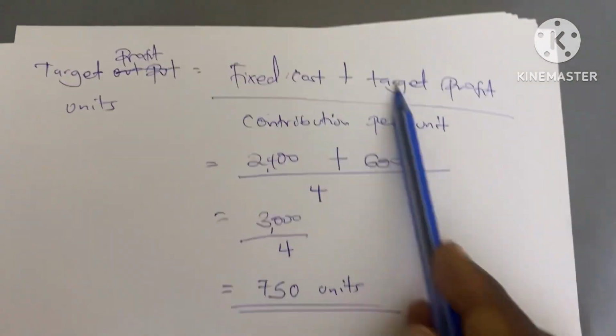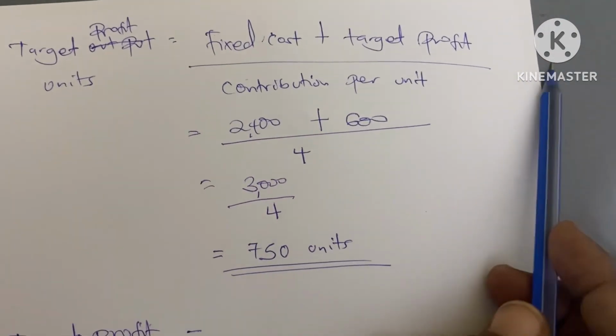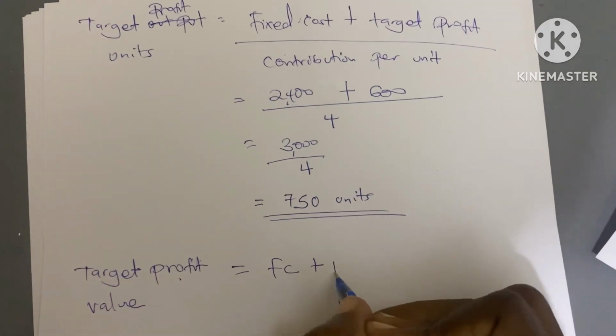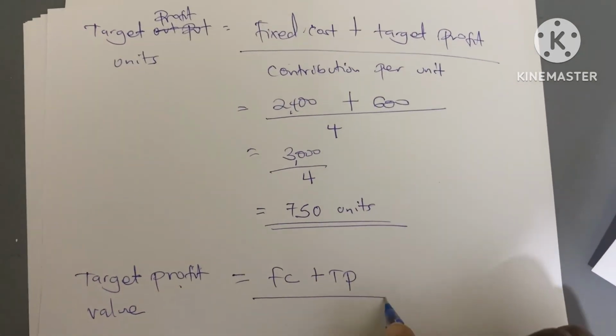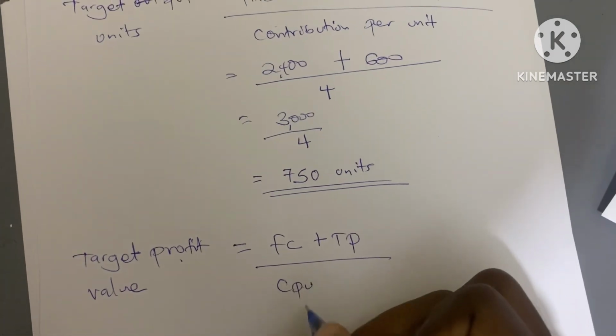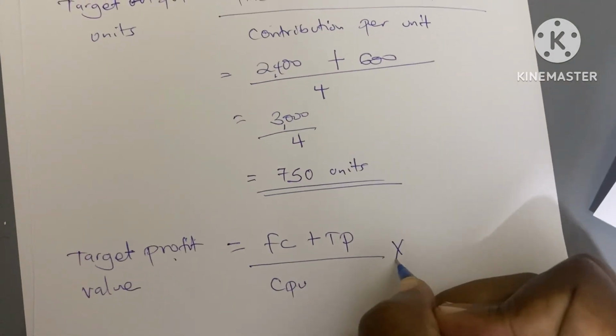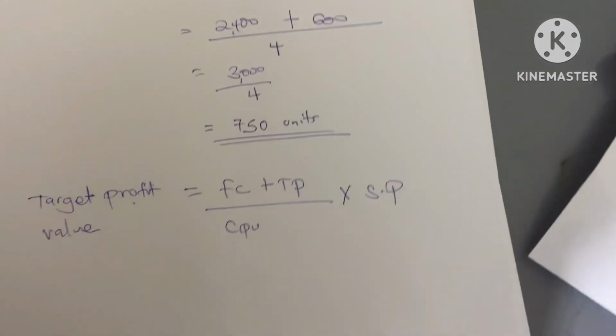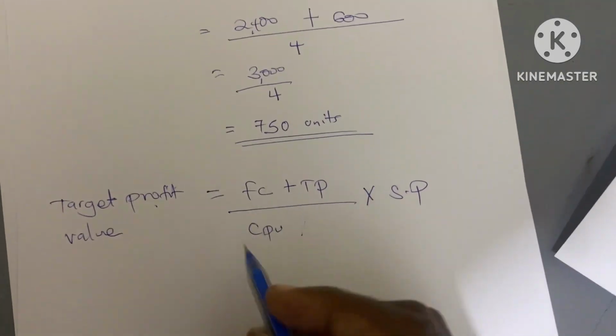We get this times the selling price. So it's going to be fixed cost plus the target profit divided by contribution per unit, then times the selling price.